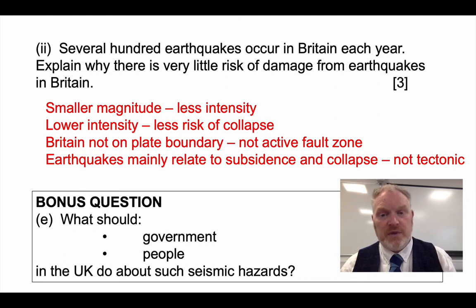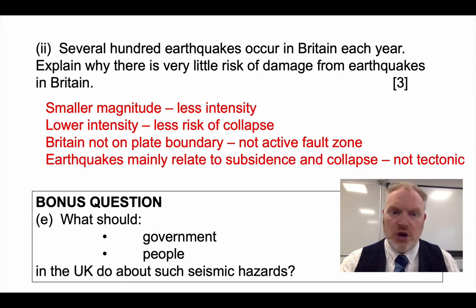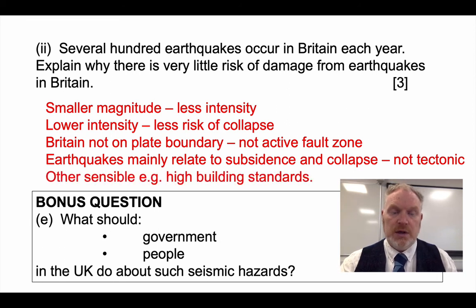Earthquakes that we have, we get subsidence of old mine workings, for example, sorting out of crustal stresses after glaciation, but they're not tectonic, so they're not going to be particularly large. There are some other reasons as well, for example, high building standards.